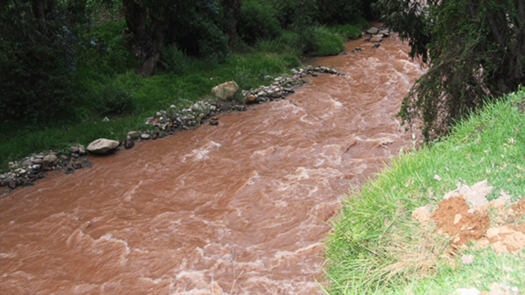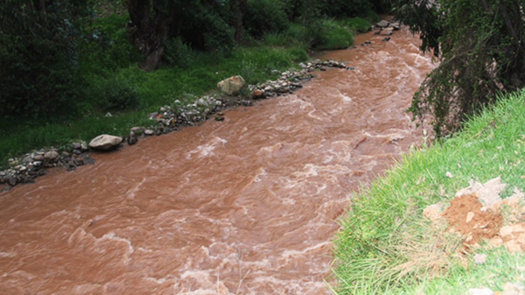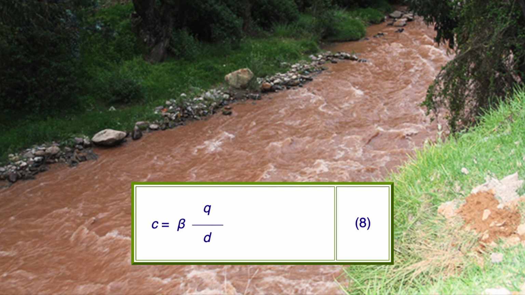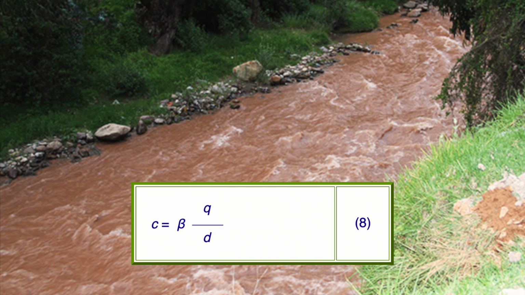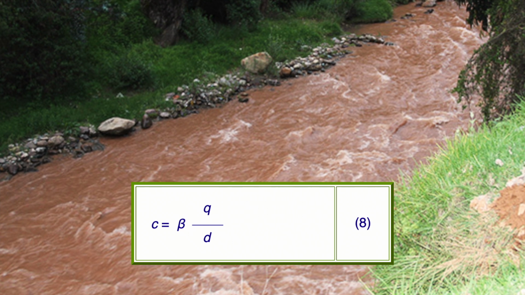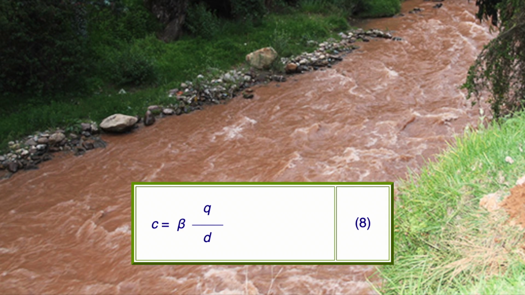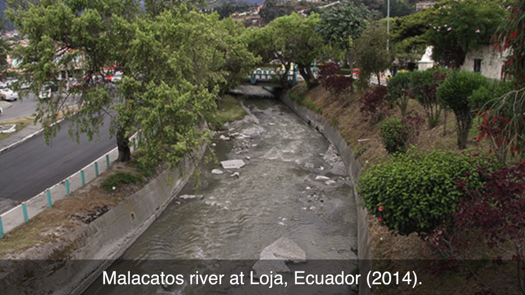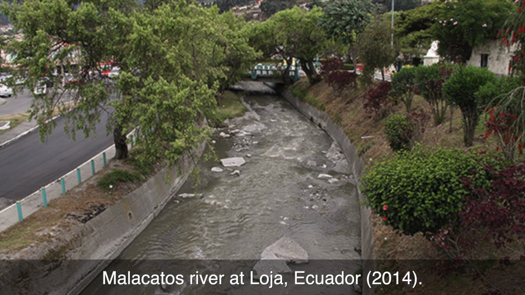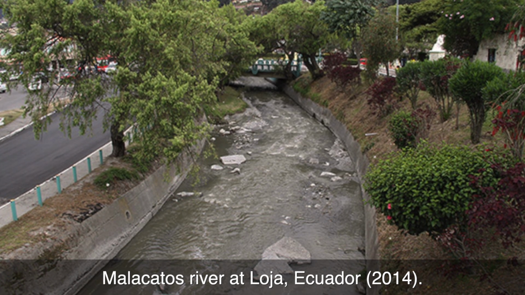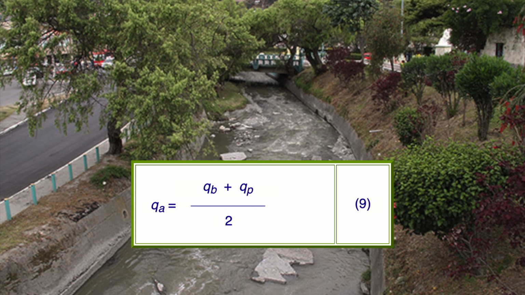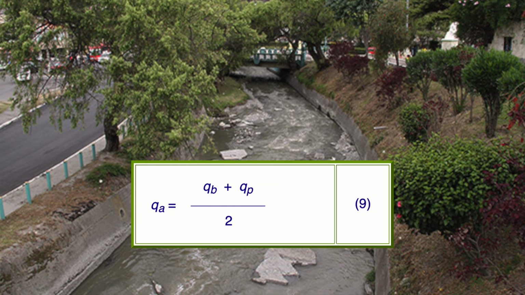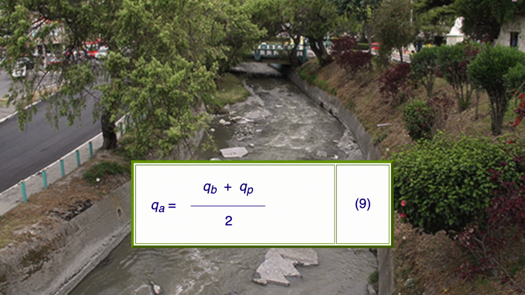The flood wave celerity C may be calculated as follows. In the constant parameter Muskingum-Cunge method, the routing parameters C and D are calculated based on the average inflow discharge Q sub A. The average inflow discharge is kept constant throughout the computation.